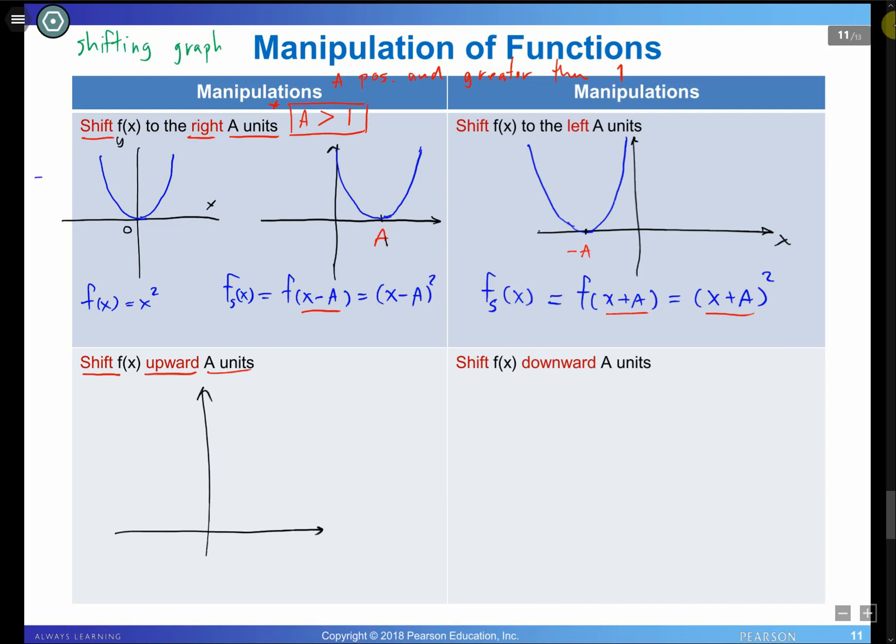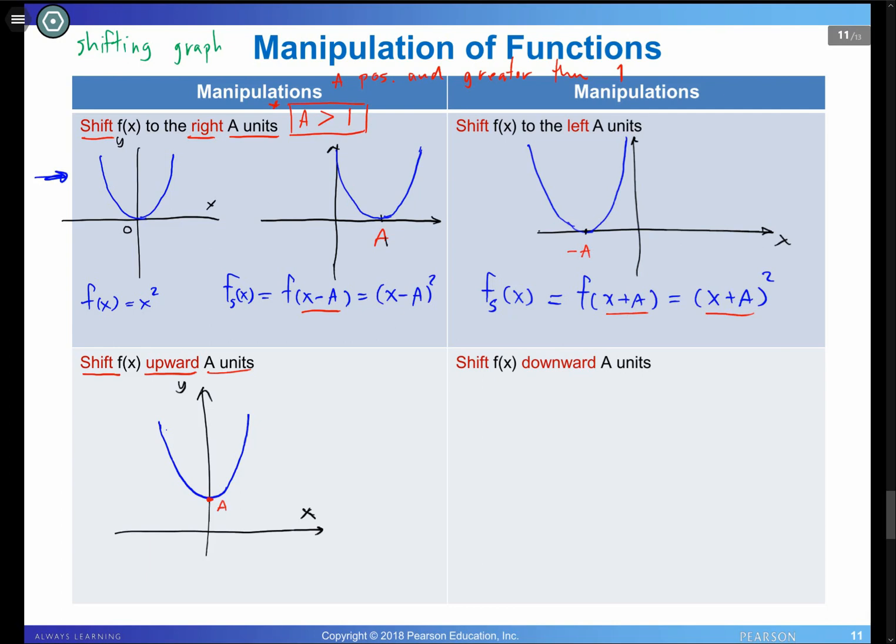It looks like this one. But now I want to shift it up a units. I want it to look like this. Okay, so this is y and this is x. And it's going to be right here. At this point, y equal to a. Shift it up a units.